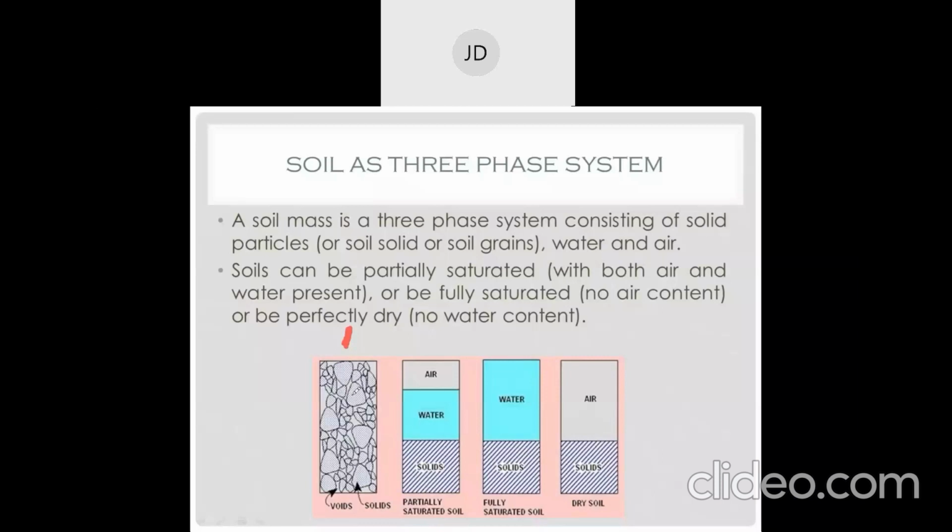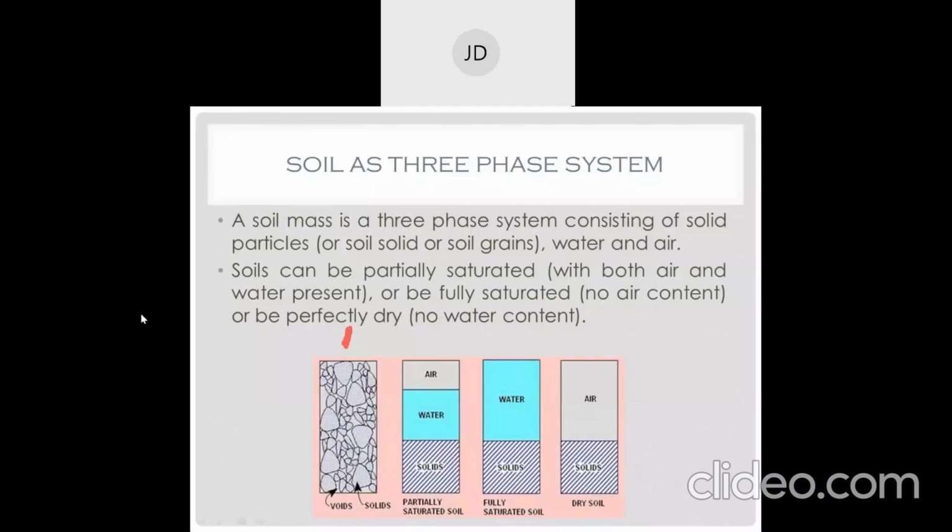In nature, soils are not of uniform size. Soils have different irregular sizes, and in this diagram they are arranged in this manner. Because of the arrangement of the soil, some vacant space may be left behind.